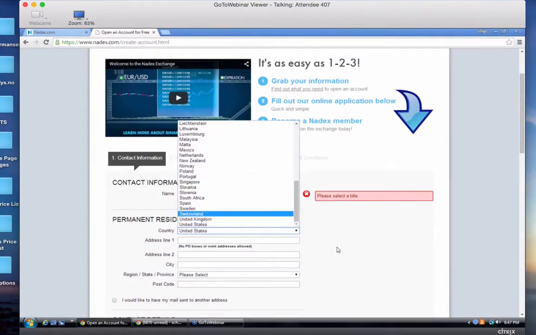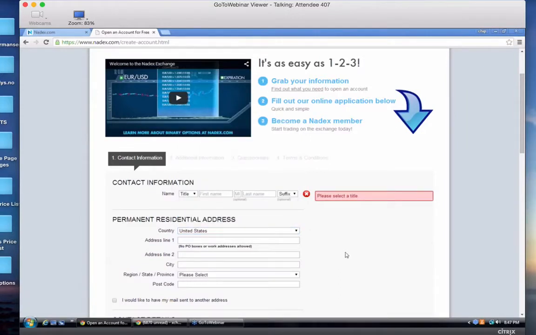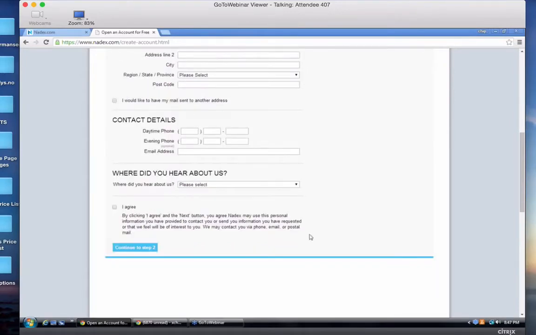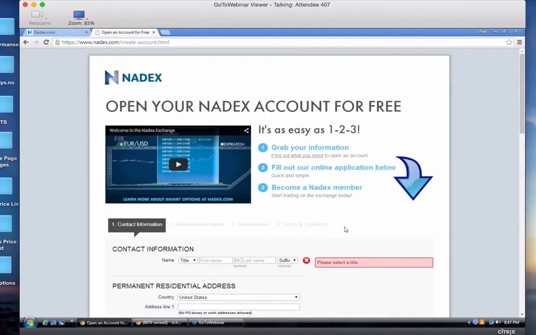Now, as for funding, I'm not positive, but as you fill this out, it'll tell you if it needs to be wires, and I think we're taking debit cards as well here shortly. As for checks, I'm not positive. I can find out and let you know on that one.